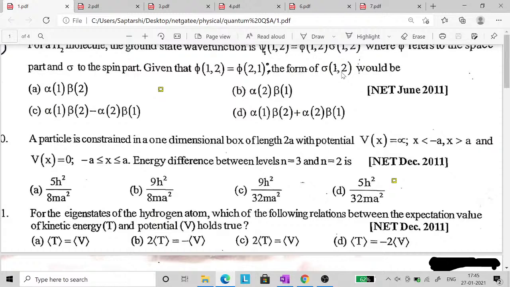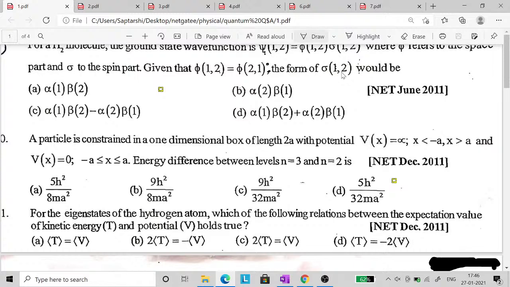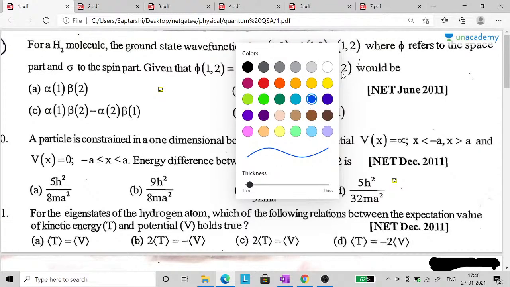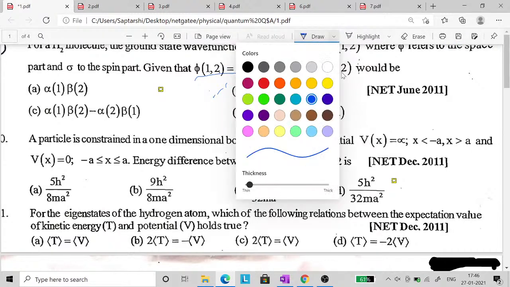Given that phi12 is equal to phi21, the form of sigma12 would be. So the first thing that we note from here is that psi12 is equal to phi12. I'll just increase the thickness of this.